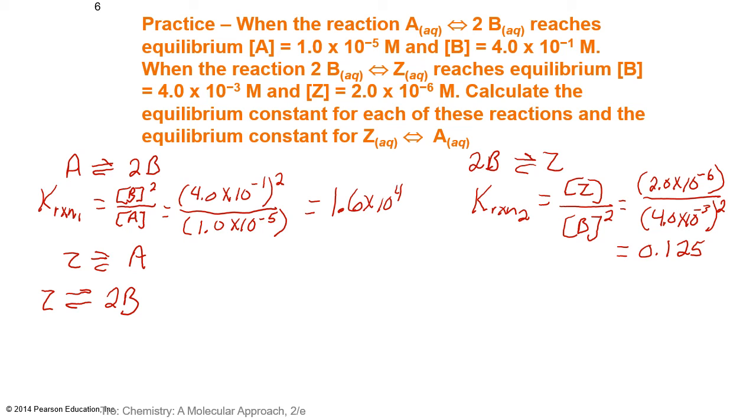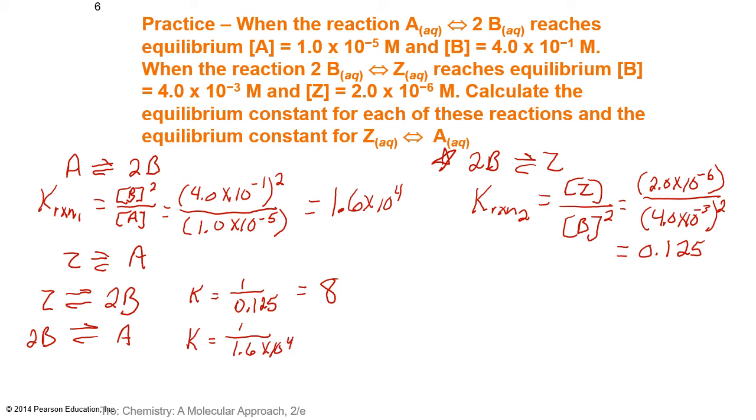So that is the reverse of our reaction up here, which means that our new equilibrium constant is going to be 1 divided by our original. We can take 2B and form A, and again this is a reverse reaction, so it's going to be 1 over our original equilibrium constant.